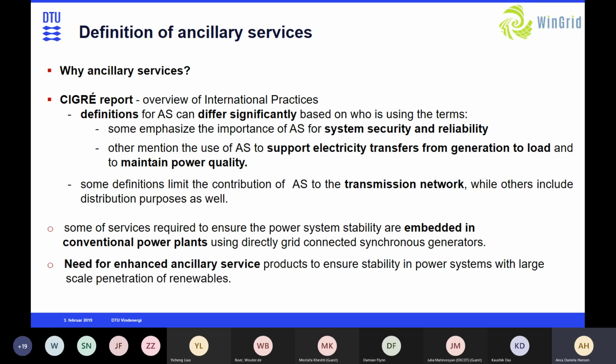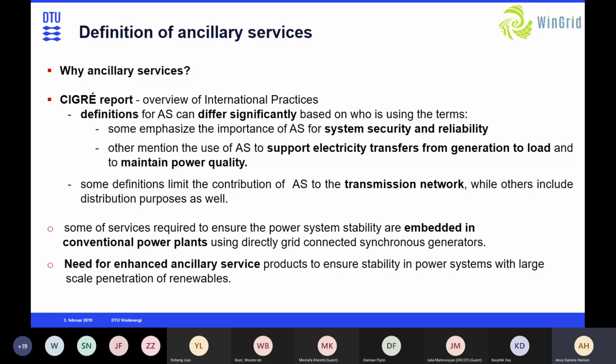One should also remark that some of the services required to ensure power system stability are embedded in conventional power plants using directly connected synchronous generators. And this means that, as it is planned in the future to displace more and more conventional power plants by renewables, it is also necessary to define new enhanced ancillary services products to ensure stability in power systems with large penetration of RES.